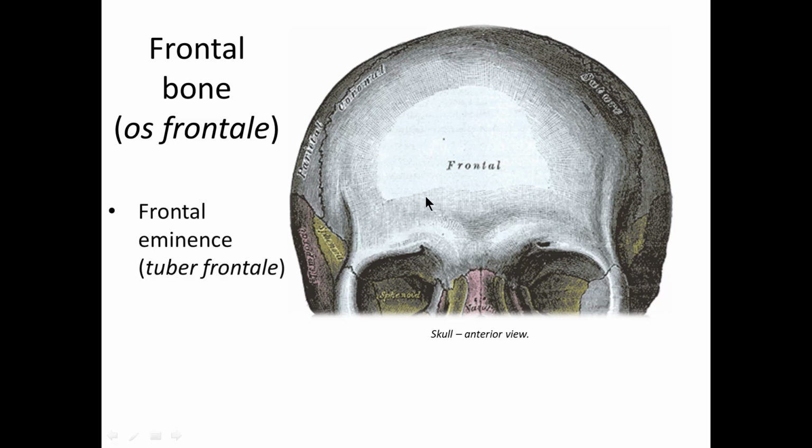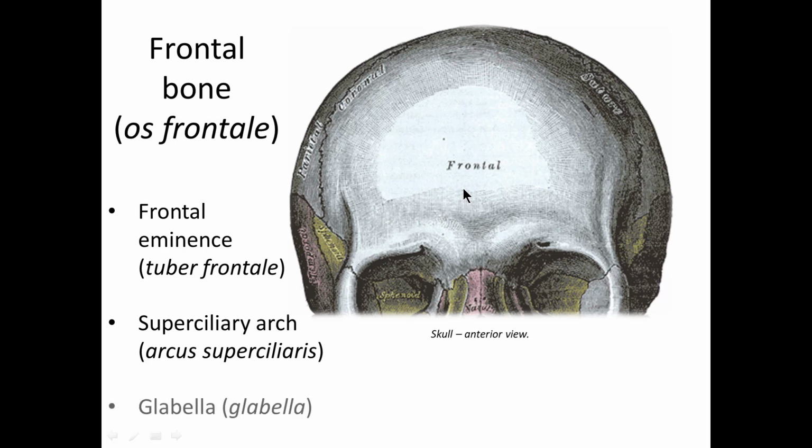These are the frontal eminences here. In Latin, we can say tuber frontale. Another one is the superciliary arch here, arcus superciliaris. These ridges connect in the middle, creating the glabella.